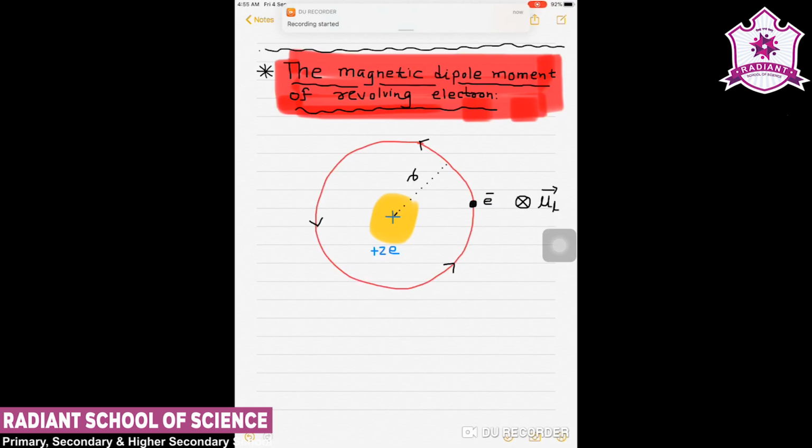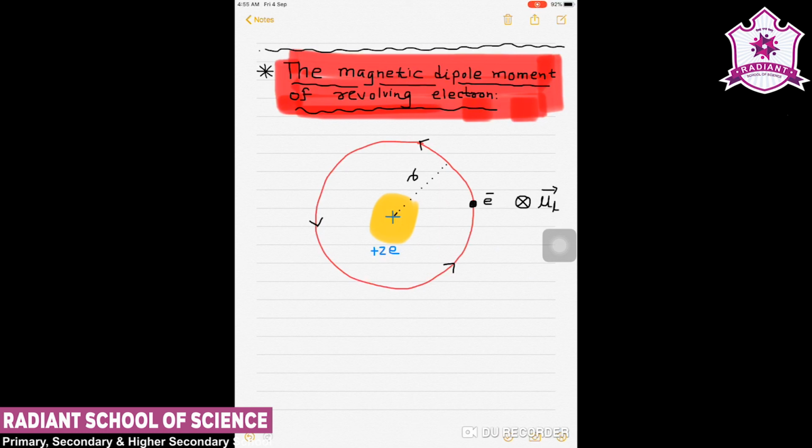The topic is called the magnetic dipole moment of a revolving electron. Now electrons and protons are part of the atomic structure or nuclear structure. We will learn in future, in our chapter number 12, a model called the Bohr model of the hydrogen atom.